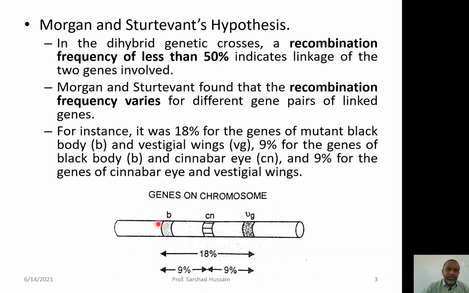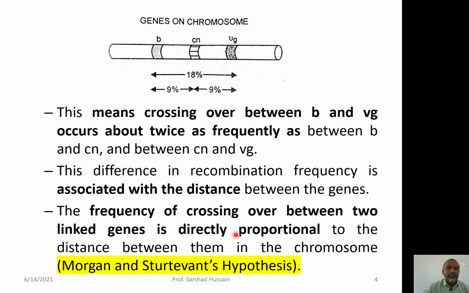The recombination frequency between them tells whether they will remain linked together generation to generation, or whether there may be a crossing over, so that a gene may get exchanged with its counterpart in the homologous chromosome. So, the recombination frequency between different genes always varies.